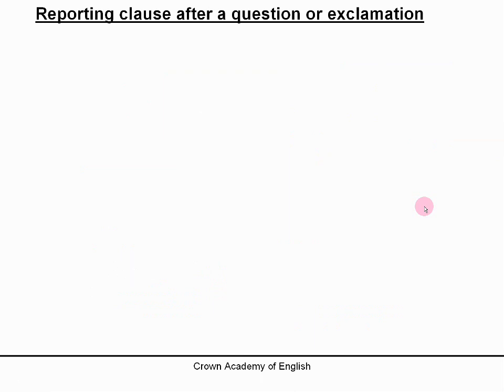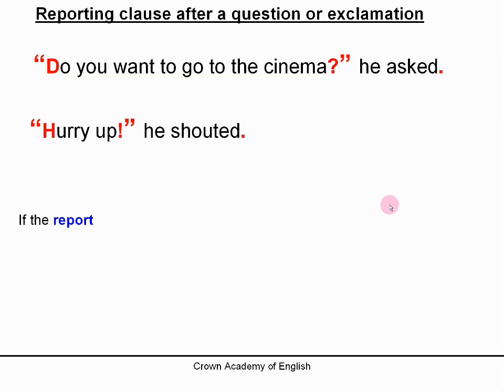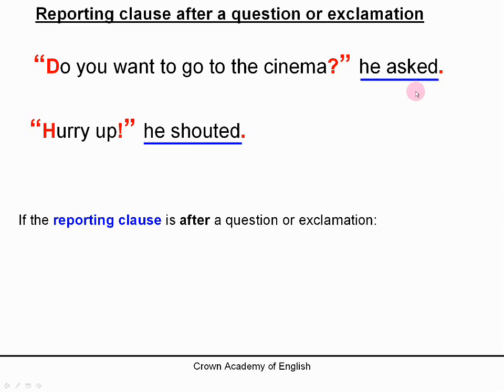Reporting clause after a question or exclamation. "Do you want to go to the cinema?" he asked. "Hurry up!" he shouted. If the reporting clause is after a question or exclamation, like it is here, the reporting clause, he asked, is after a question, and here the reporting clause is after the exclamation.